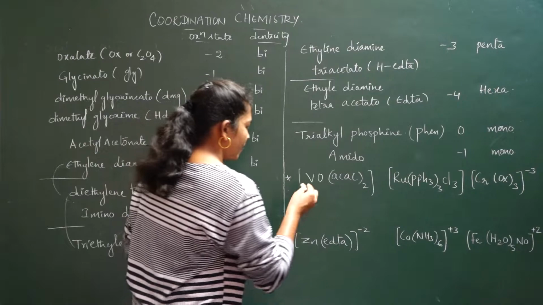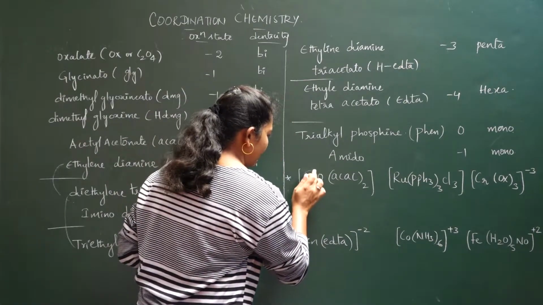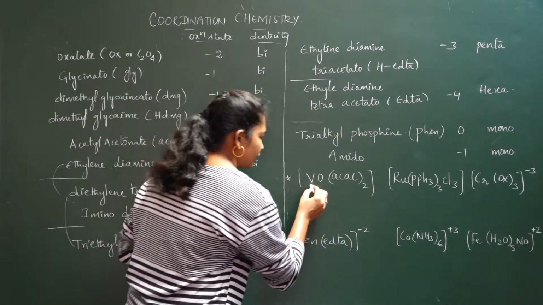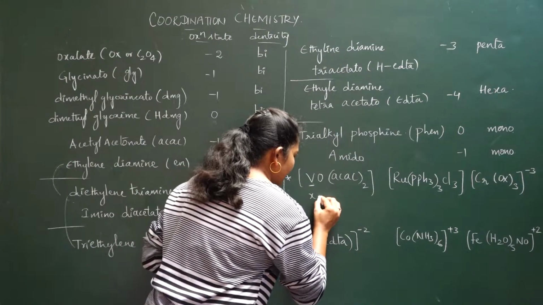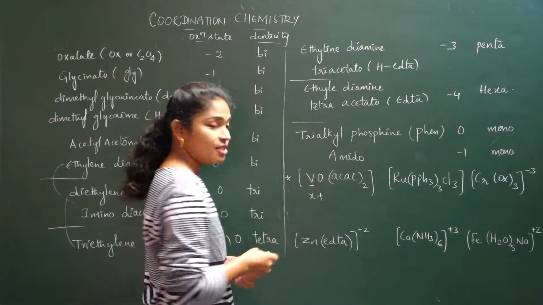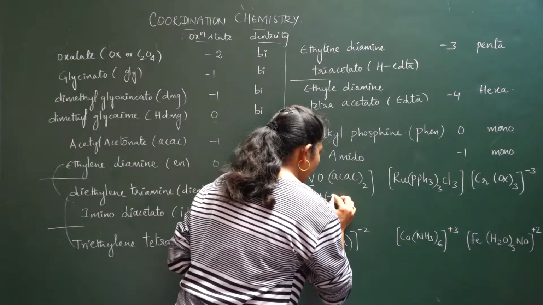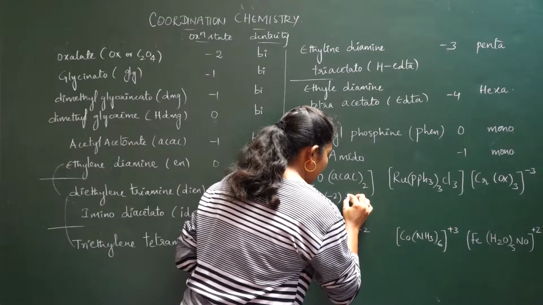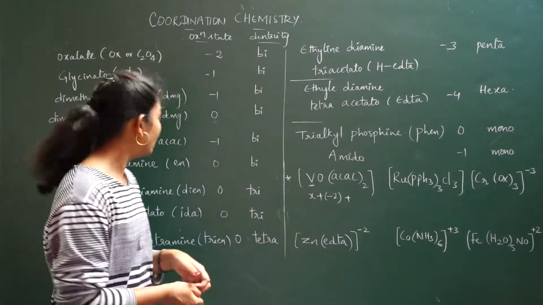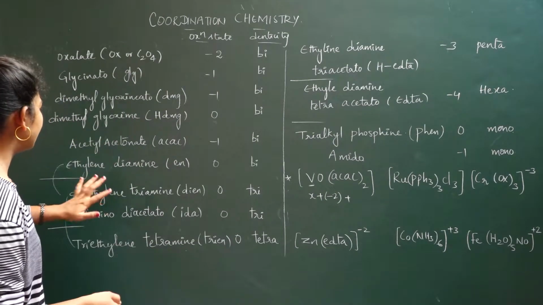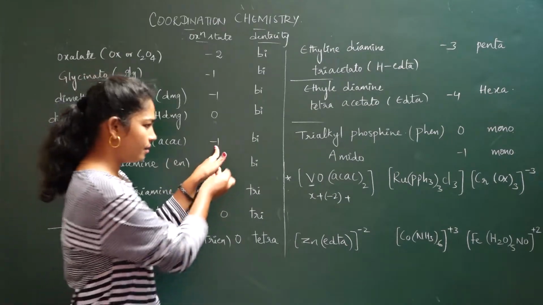See here, the oxidation state of vanadium you have to find out. Now just look at how I am calculating it. Whatever the atom you have to find, first you take it as X, plus oxygen. Oxygen has a charge of -2. Plus ACAC. What is the charge on acetyl acetonate? -1, right?